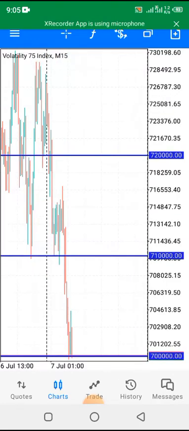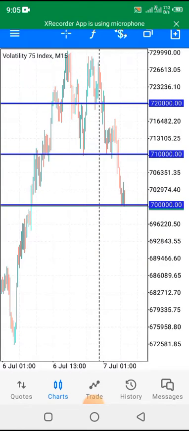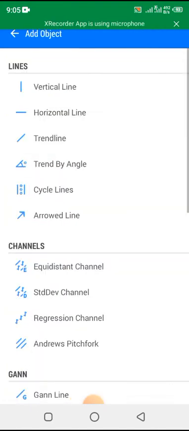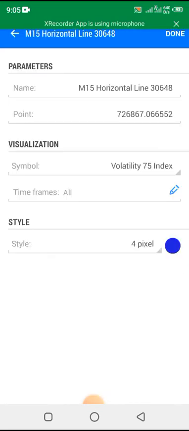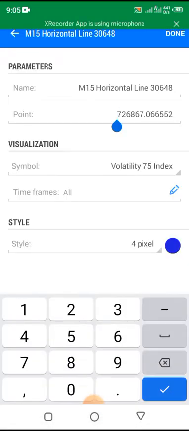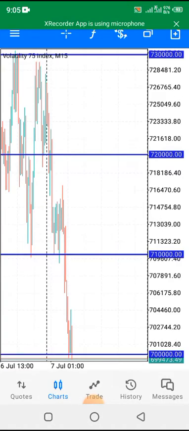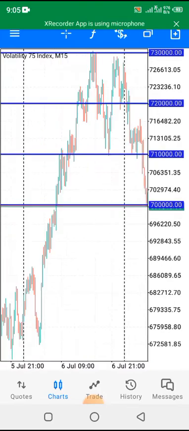You can see how the rounded off numbers are working out. Let me plot. Our next one is 730,000.